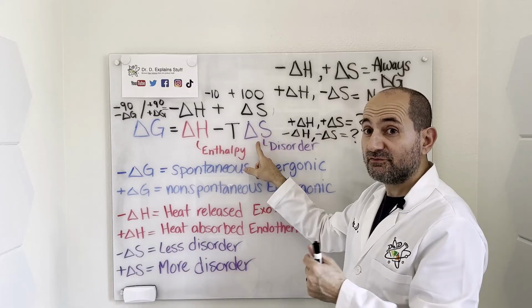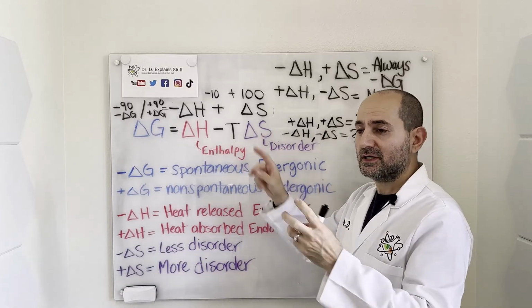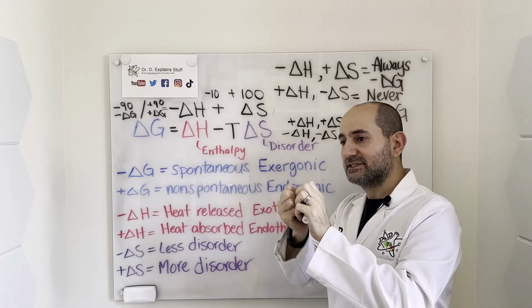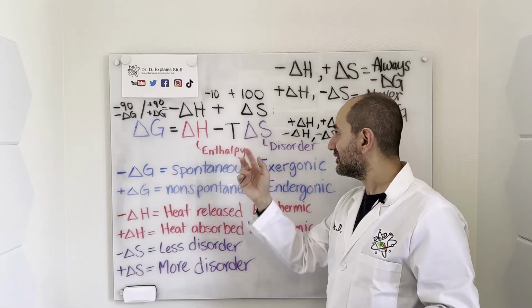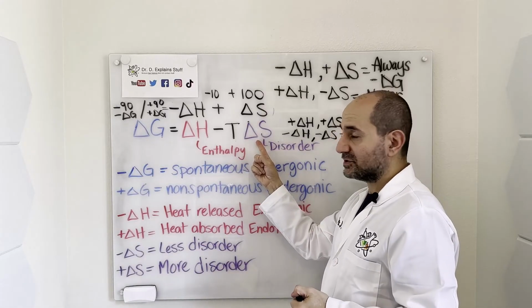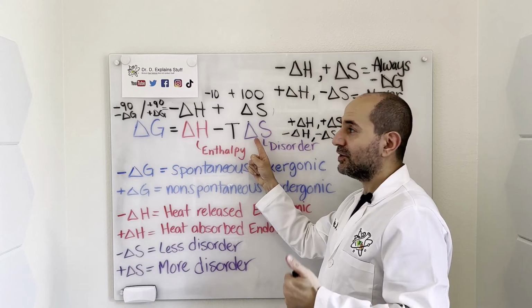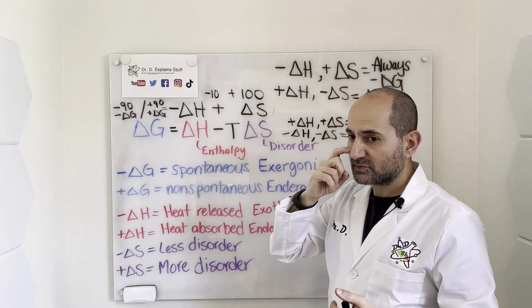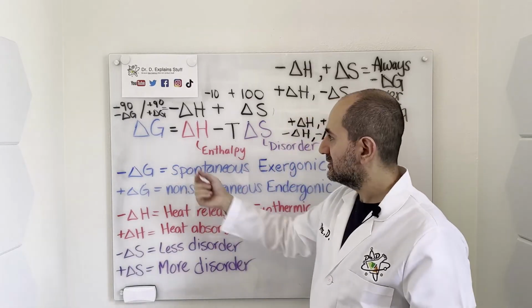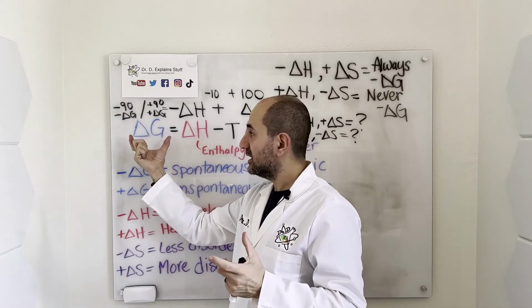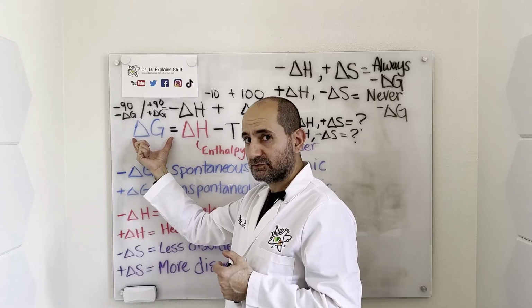Conversely, if you are making more disorder by blowing up or turning into gas or falling apart or whatever, if you're making tons of disorder, you're going to have a positive value here, which is going to drive the reaction forward. So either way, this equation is driven by disorder to give you a spontaneous reaction.